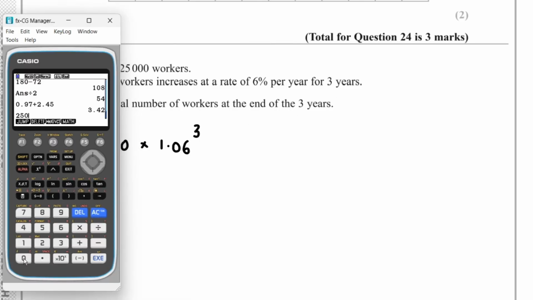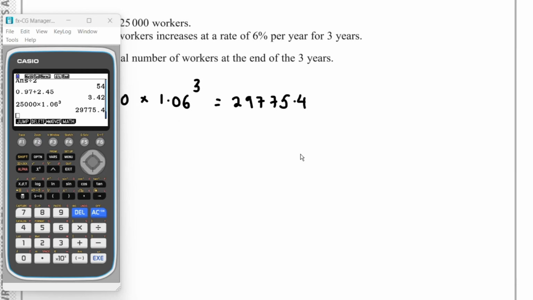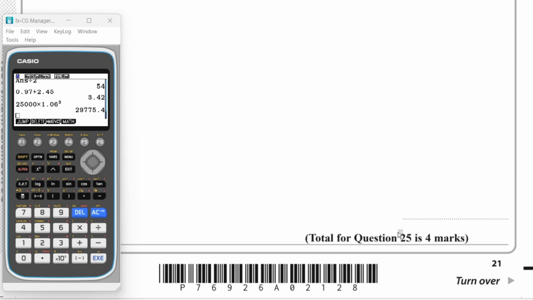So if I do 25,000 multiplied by 1.06 to the power of 3, we end up with 29775.4. So at the end of 3 years, we'd have 29,775.